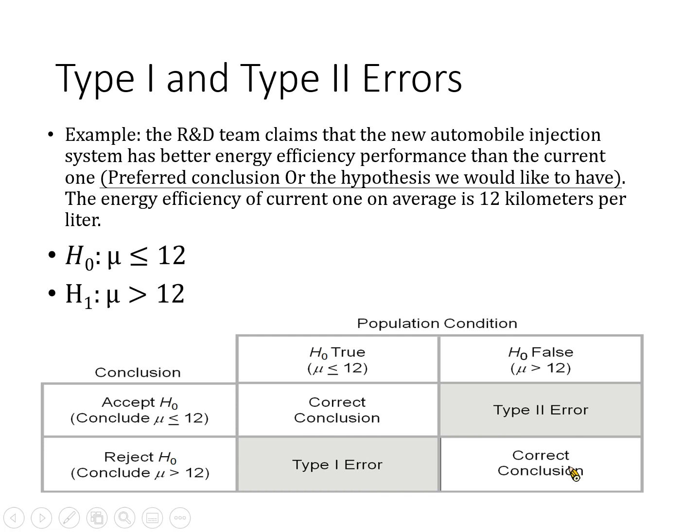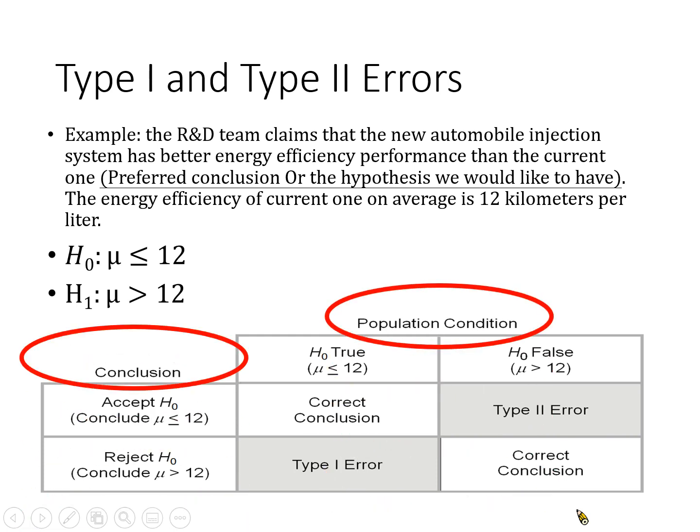If the condition matches, that is, the null hypothesis is false or the alternative hypothesis is true, and based on your experiment or analysis results you reject the null hypothesis, then we call it a correct conclusion. So you can use the true condition of the population and your experiment conclusion to find whether they match, and whether your conclusion is correct or a type 1 or type 2 error.